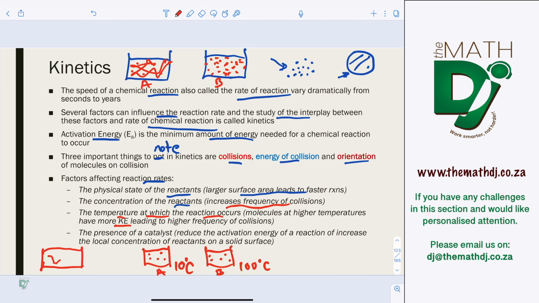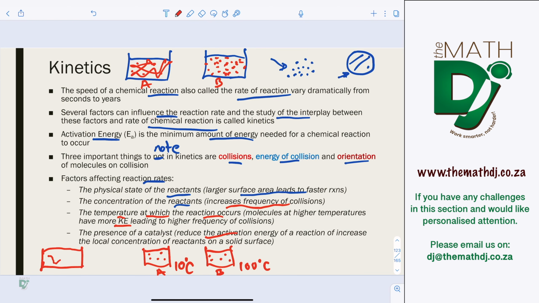Then number 4 is the presence of a catalyst. The presence of a catalyst reduces the activation energy of a reaction and increases the local concentration of reactants on the surface. Here there's a bit of a typo, but basically, remember what we did.